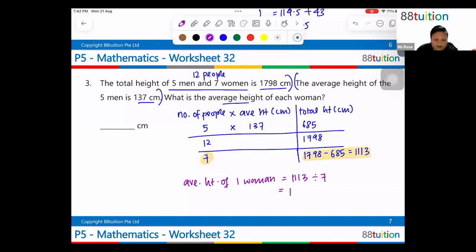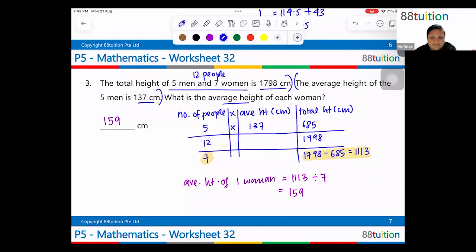To give me 159 cm. Okay, so I've introduced this table so that it's easy for you to arrange your information.